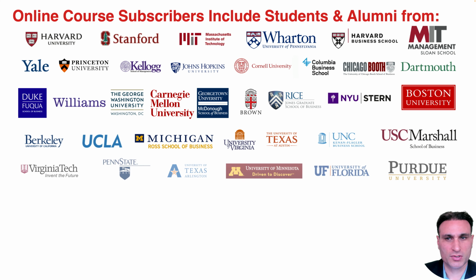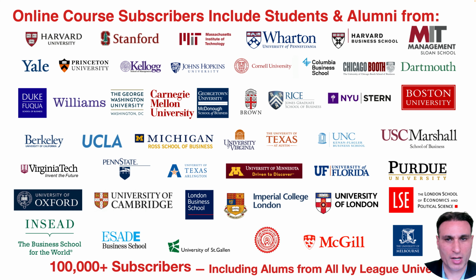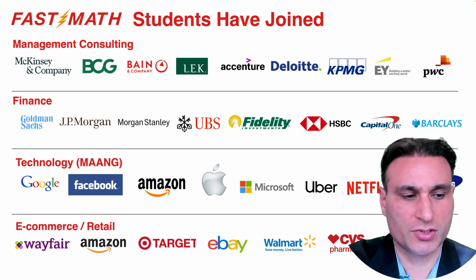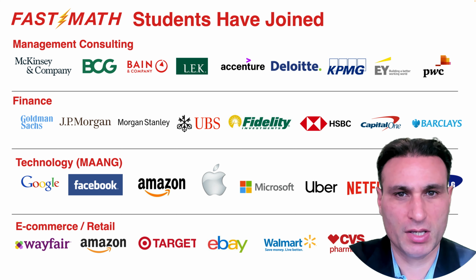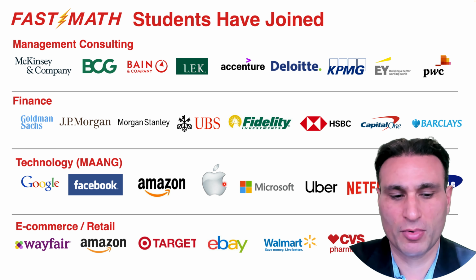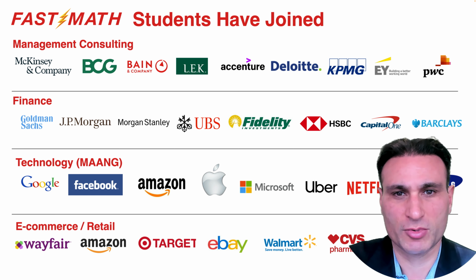Over 100,000 students and alumni from elite universities worldwide, including all the Ivy League schools, as well as Oxford and Cambridge, have used FastMath online courses and resources to prepare for job interviews at leading consulting, finance, and technology firms. And FastMath students have joined all the leading management consulting firms, such as McKinsey, BCG, and Bain, all the top investment banks, and all the top technology companies such as Google, Facebook, Amazon, Apple, Microsoft, Uber, and Netflix, and leading e-commerce companies.